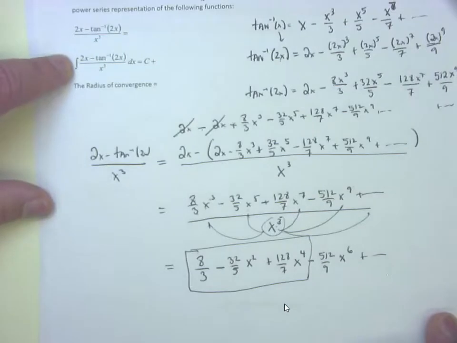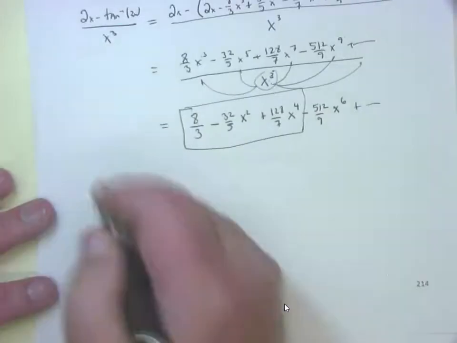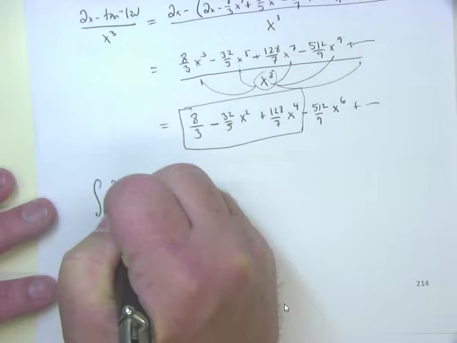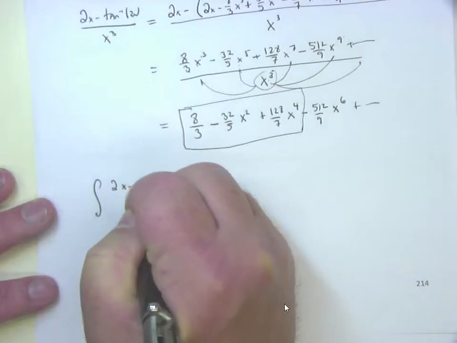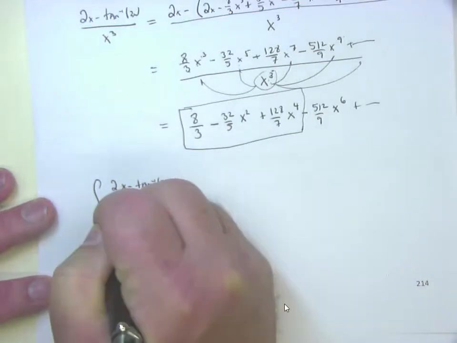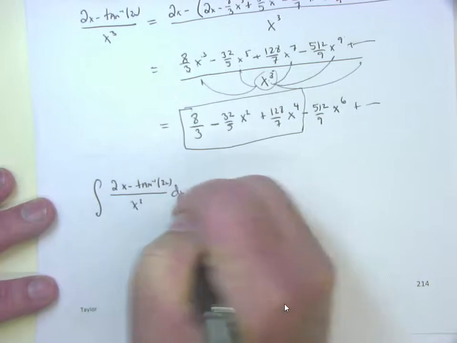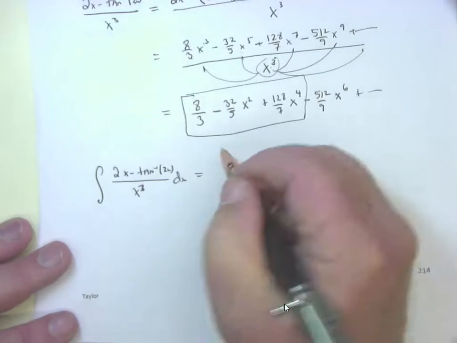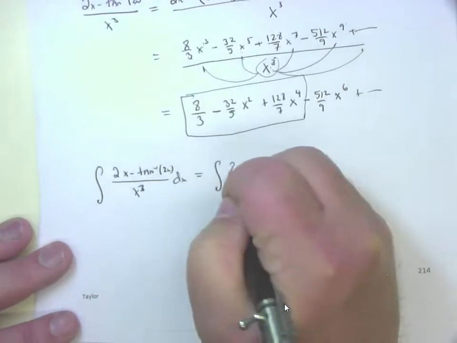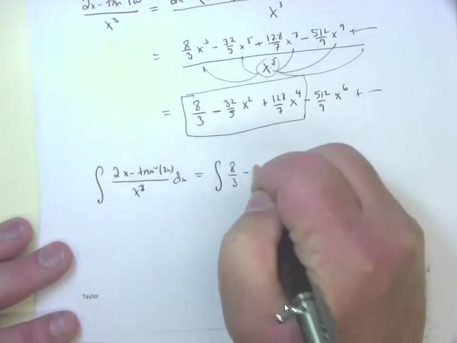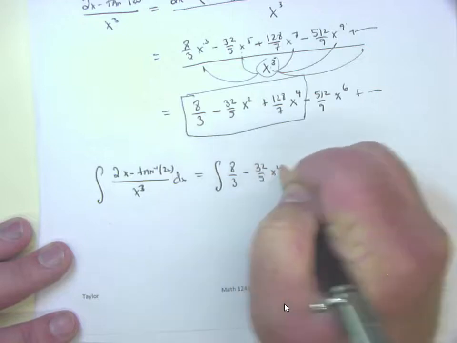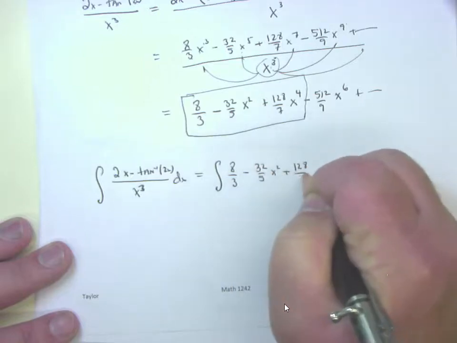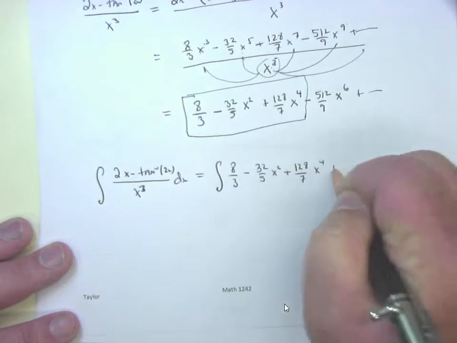But now, look at the second part. You're supposed to integrate this guy, get a power series for this guy. So to integrate 2x minus the tangent inverse of 2x divided by x cubed dx would be equal to the same thing as integrating 8/3 minus 32/5 x squared plus 128 over 7 x to the 4th plus dot, dot, dot dx.